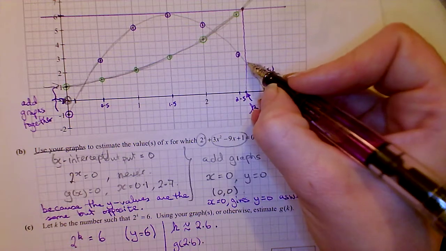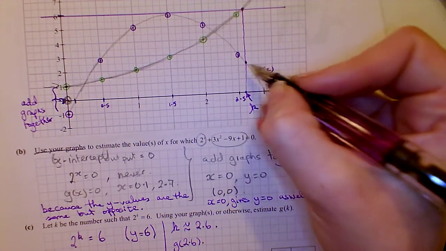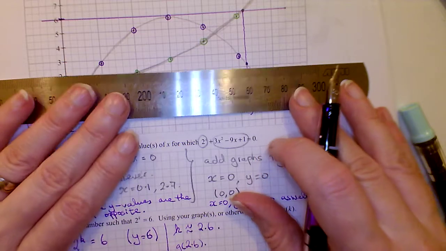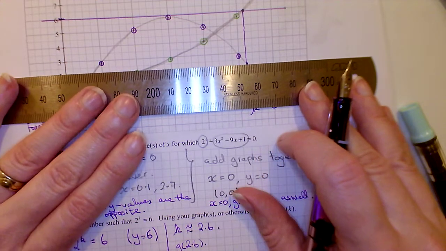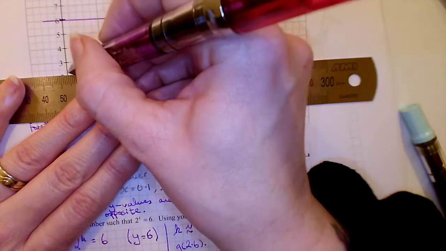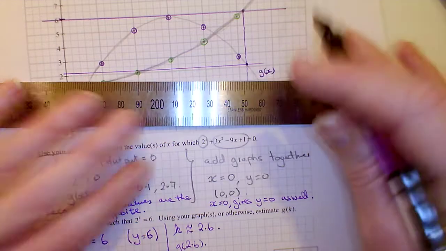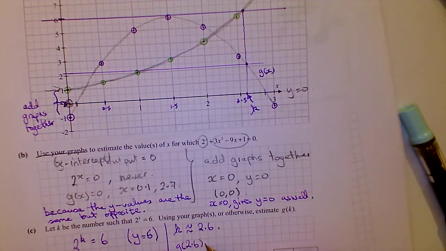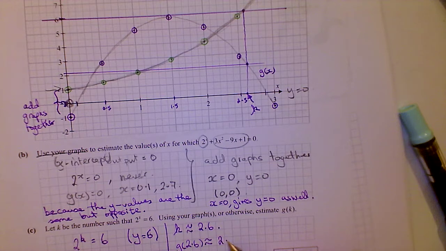So if I look at where it crosses this graph here, and I need to find the y value that matches that, I bring my graph back over here, and it's approximately 2.1. So using my graph, 2.1.